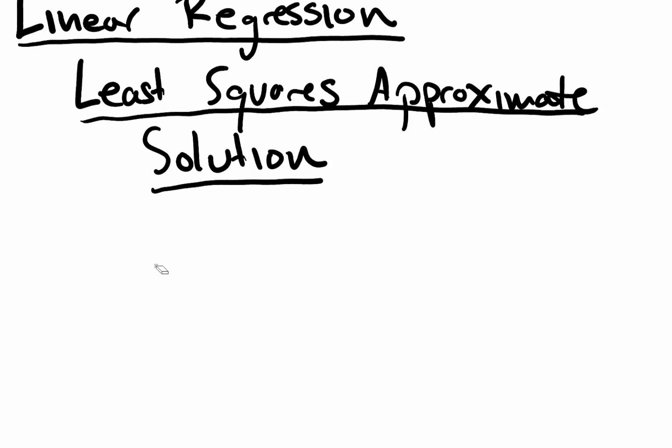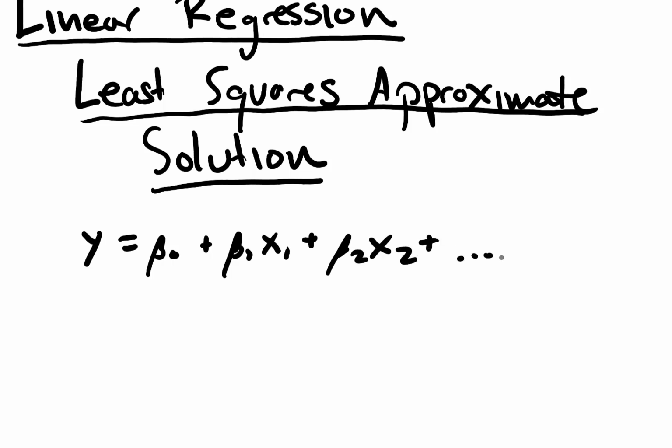So the first thing that we need is to define our linear model. Our linear model is going to look basically like this: y is equal to beta naught plus beta 1 x1 plus beta 2 x2 plus dot dot dot, and then however many x terms we have, so plus beta k xk.